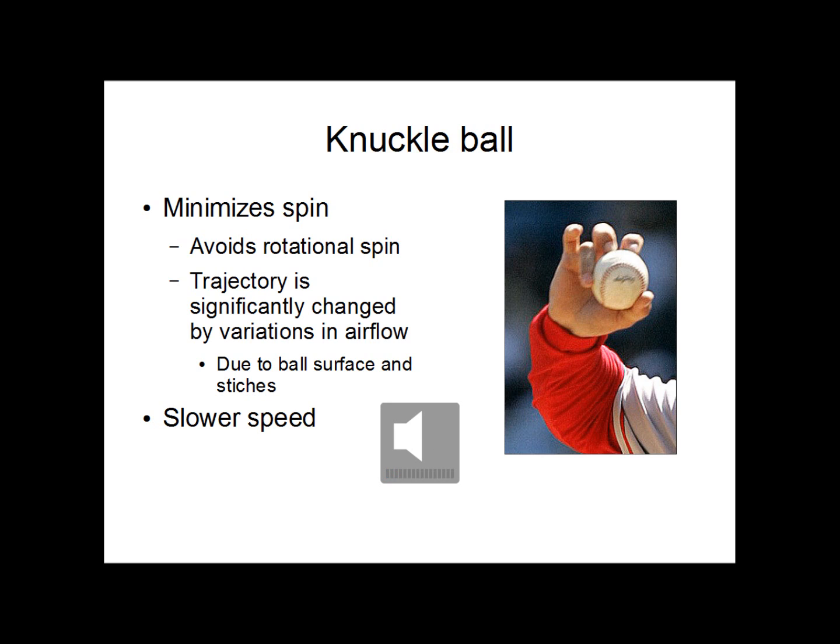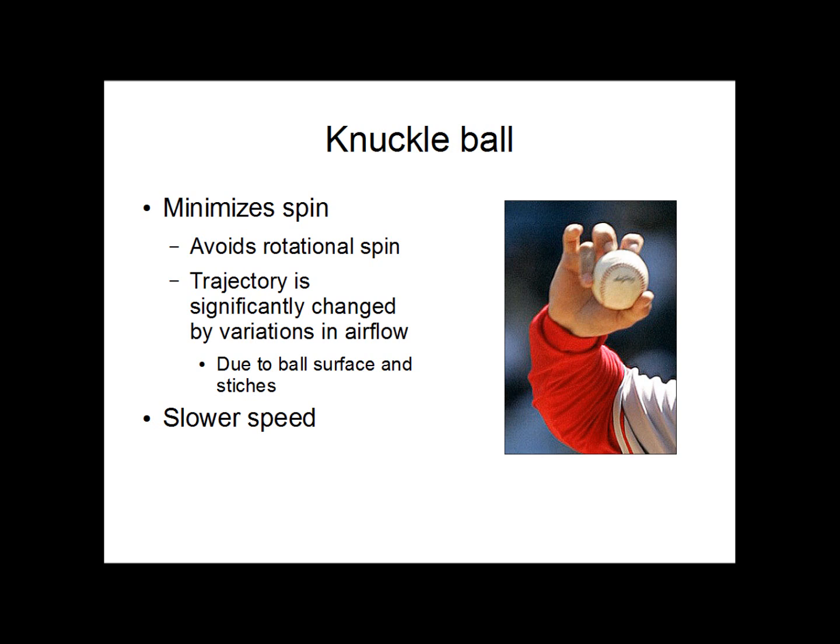The knuckleball is also a very interesting concept brought up in baseball. It uses less spin and less speed to cause a very jittery or erratic movement, which makes it harder for the batter, the catcher, and the umpire to track.